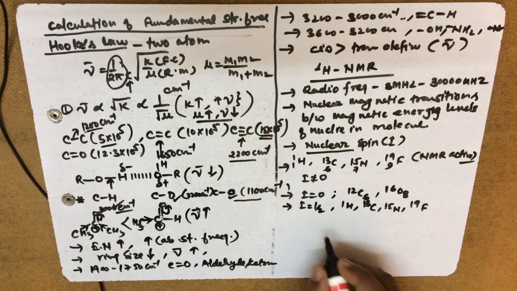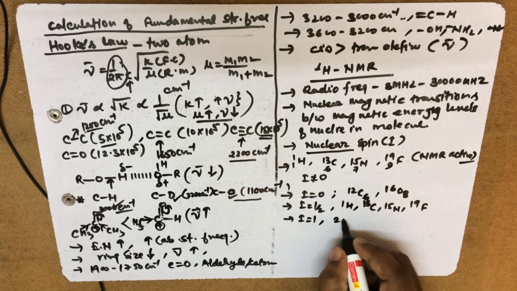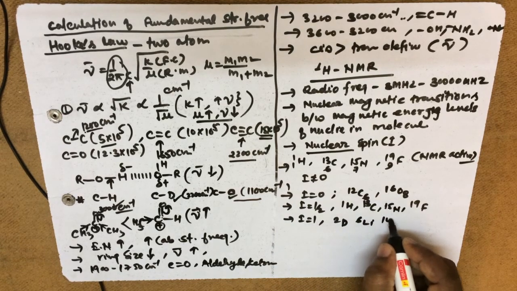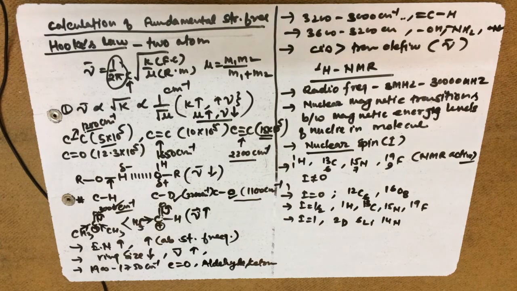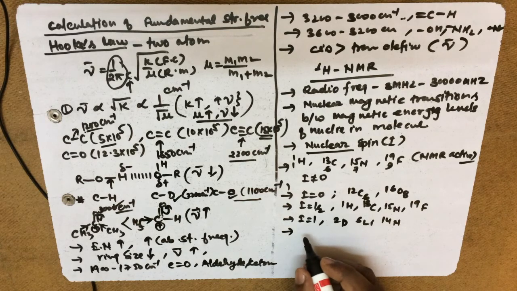And I is equal to 1 for deuterium (2H), lithium-6 and nitrogen-14. These values are very important. If you are solving a problem, you will use these values, or otherwise if any question comes in the exam, the examiner will give these values.